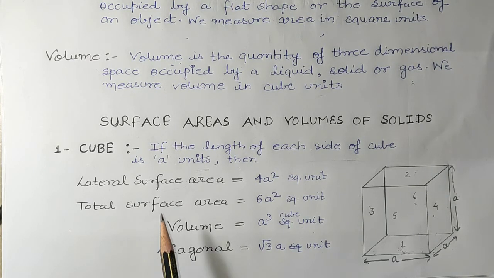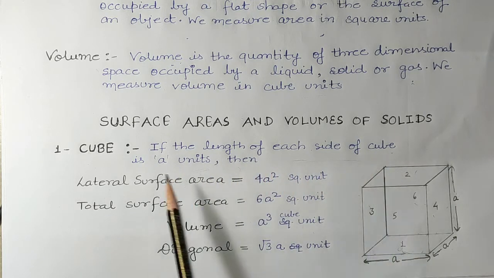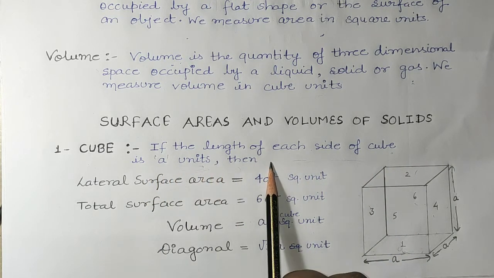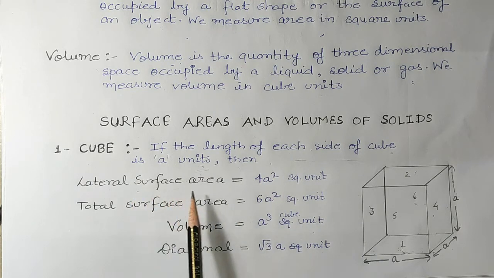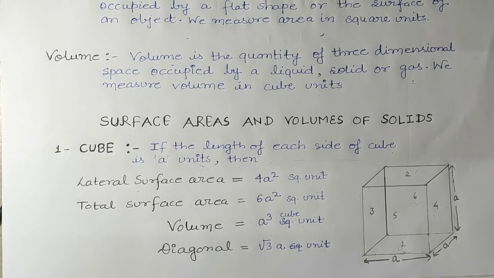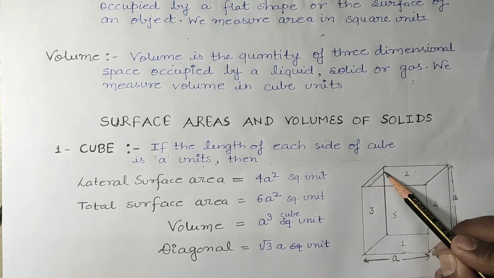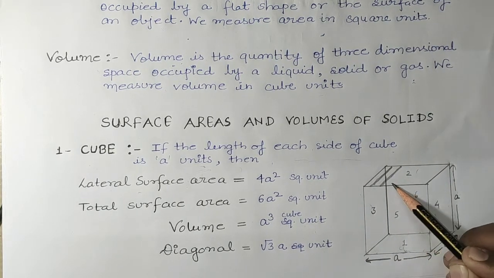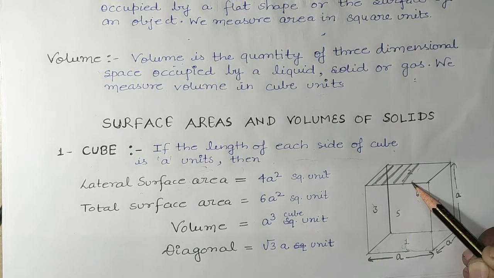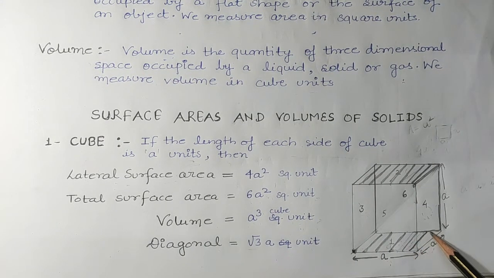Okay, so here I have written also, if the length of each side of the cube is A units, then its lateral surface area. What is lateral surface area, students? Lateral surface area means the area of its four walls. Area of four walls means if from its total surface area you exclude the area of its top, means the area of its roof, and the area of its bottom.